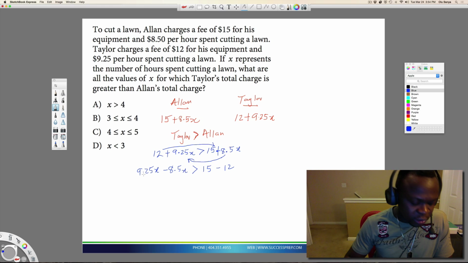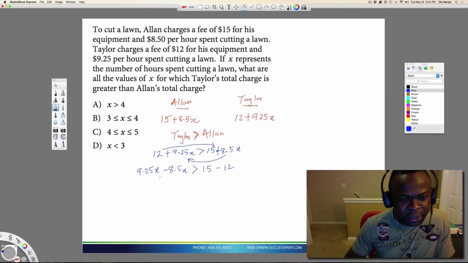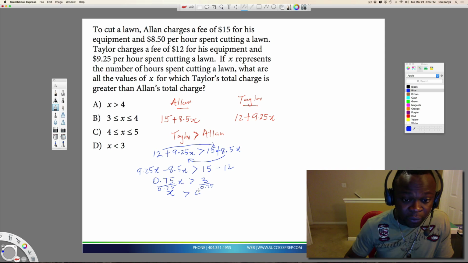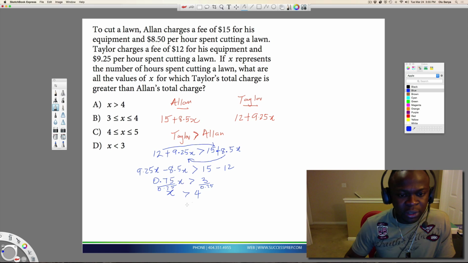So if you subtract 9.25 minus 8.5, you get 0.75x, and this is greater than 15 minus 12, which is 3. To get x by itself, you need to divide by 0.75 on both sides, and 3 divided by 0.75 gives us 4.